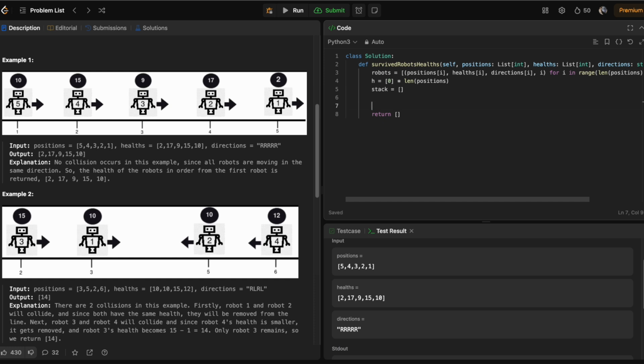Alright. I'm gonna do for robot in robots. If robot, let's see, directions is 0, 1, 2, since the second one is equal to, if it's going right, so if it's equal to that, then we can simply push that robot onto the stack.